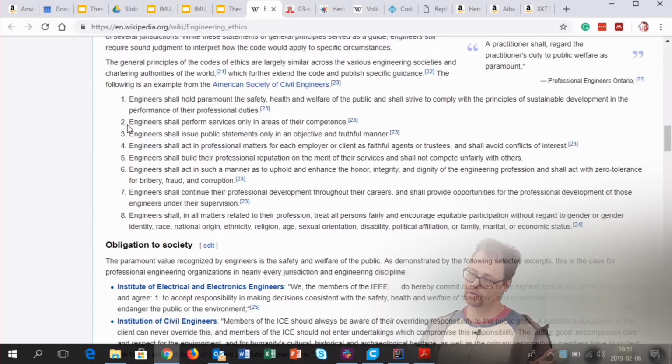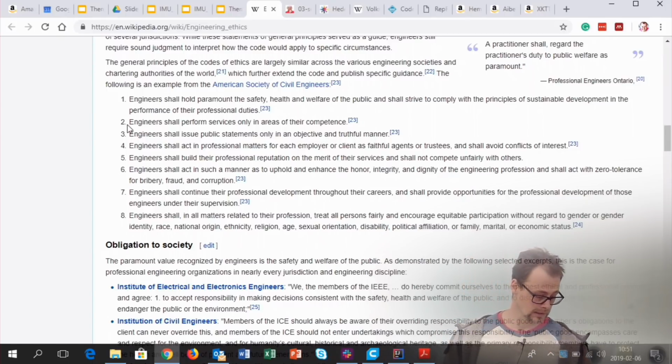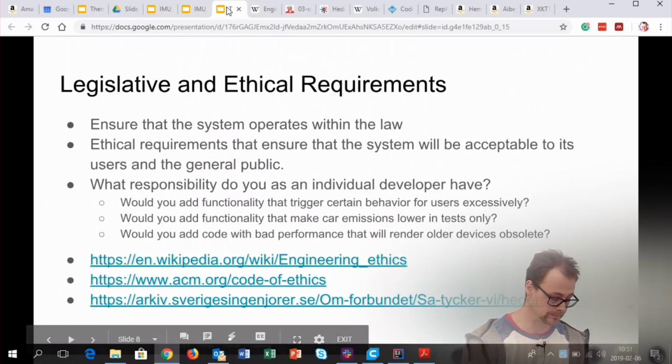Something to think about. And there are other points here also to make that a little bit finer. But key points: general public, society, sustainable development. Some things to have in the back of your head.